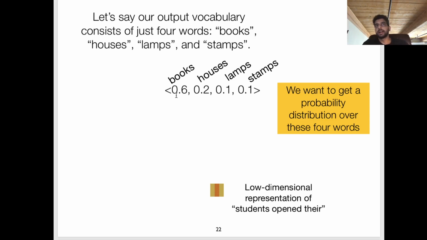So note that to be a valid, well-formed probability distribution, all the elements of this vector need to sum to 1, and they all need to be positive, right? So between 0 and 1. So each dimension of this vector is associated with a particular word in my output vocabulary. So you can interpret this as a model that produced this distribution giving a 60% probability to books being the next word, a 20% probability of houses, and so on.